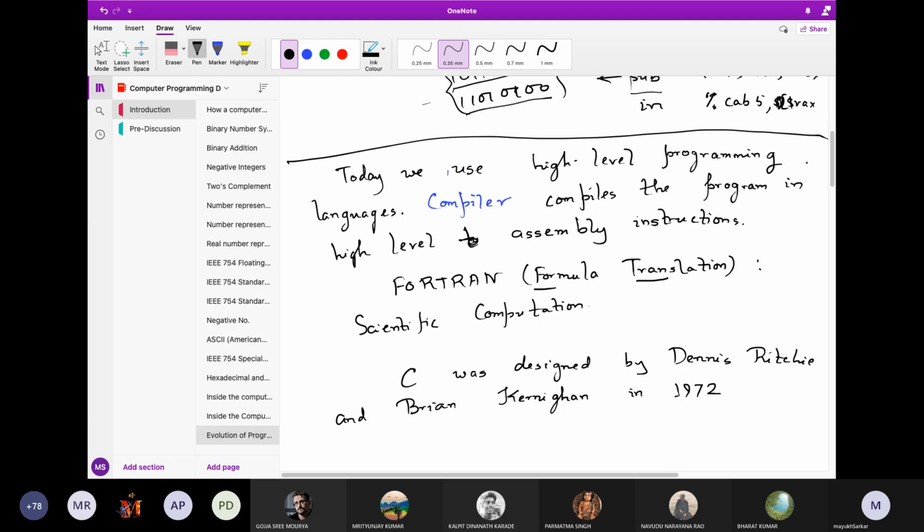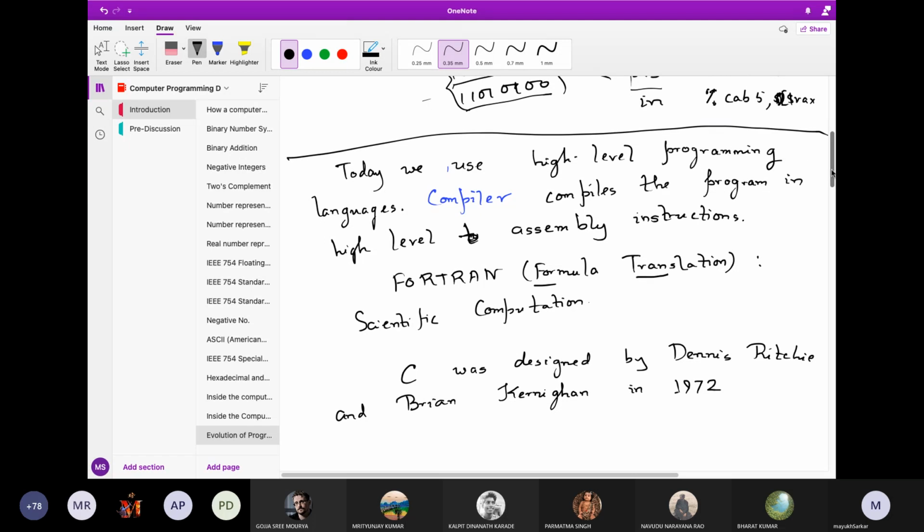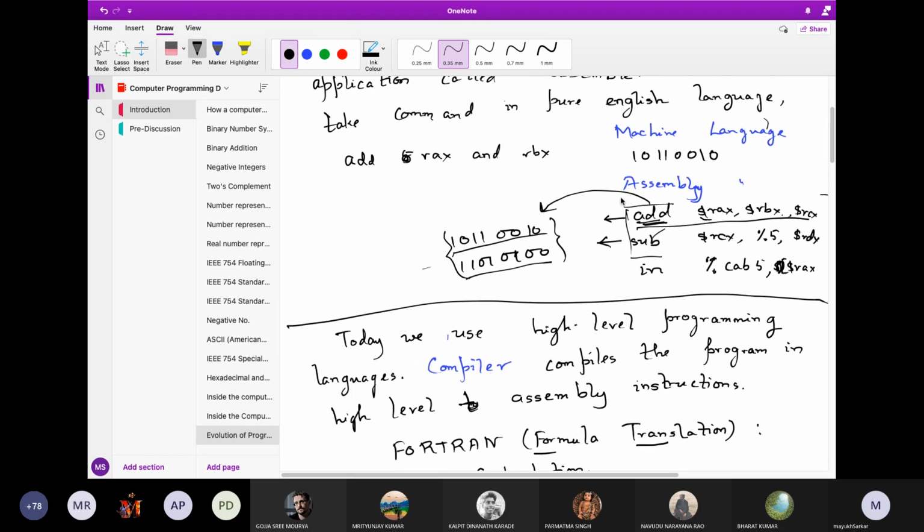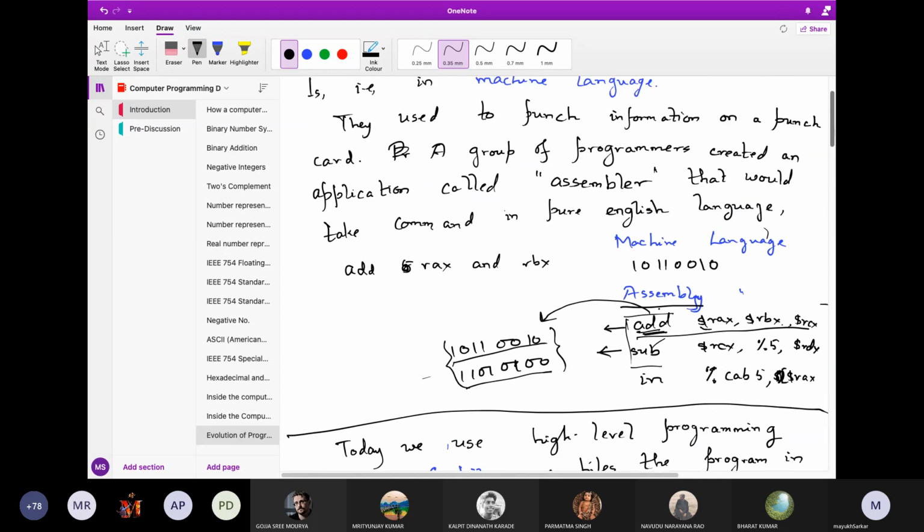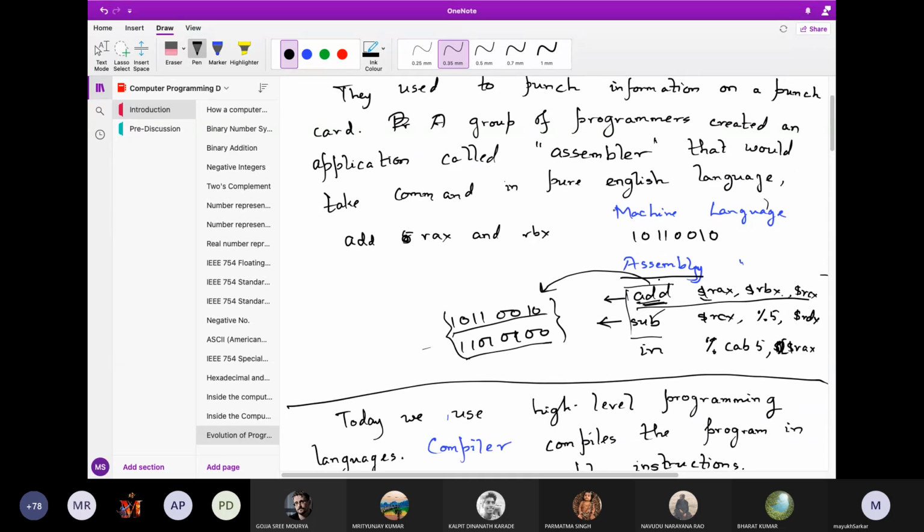It compiles any program written in C into assembly language. That assembly language is assembled by a program called an assembler into machine language. That machine language is then executed on your processor.